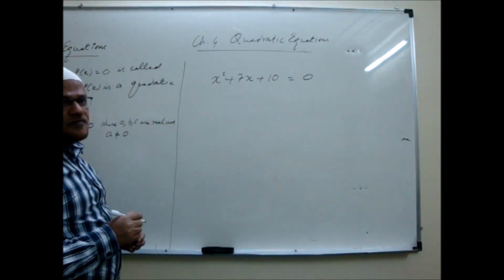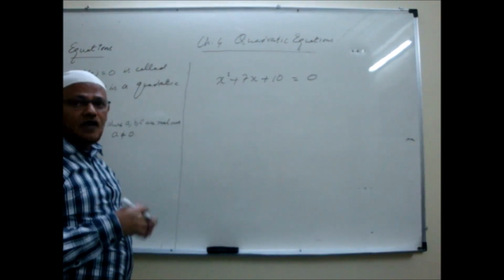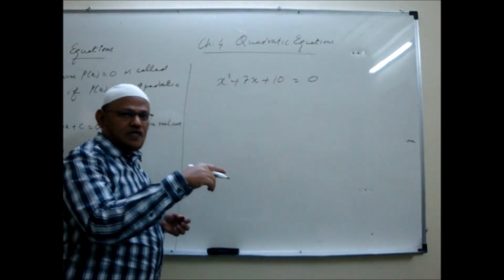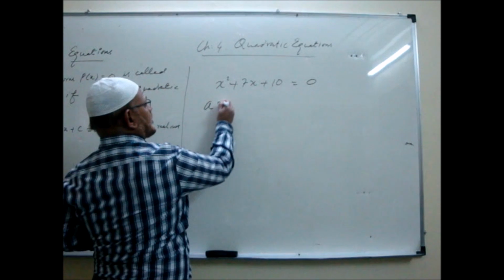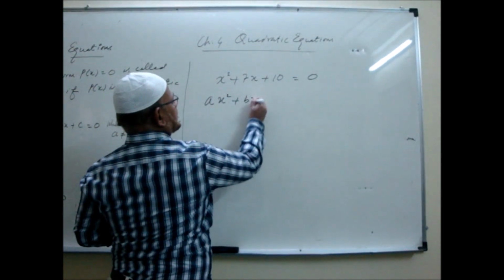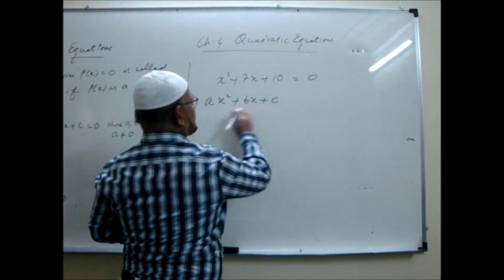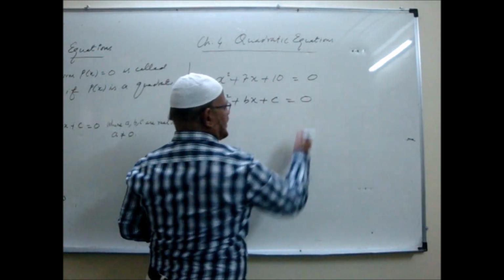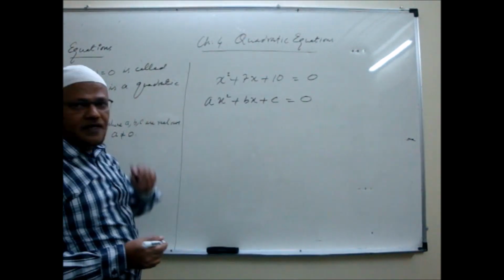The general form or the standard form of quadratic equation: you are familiar with the standard form of quadratic polynomial, and when it is equated to 0, it becomes a quadratic equation.